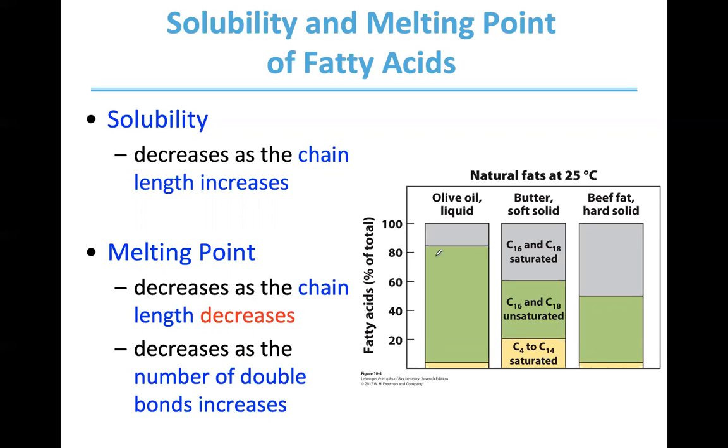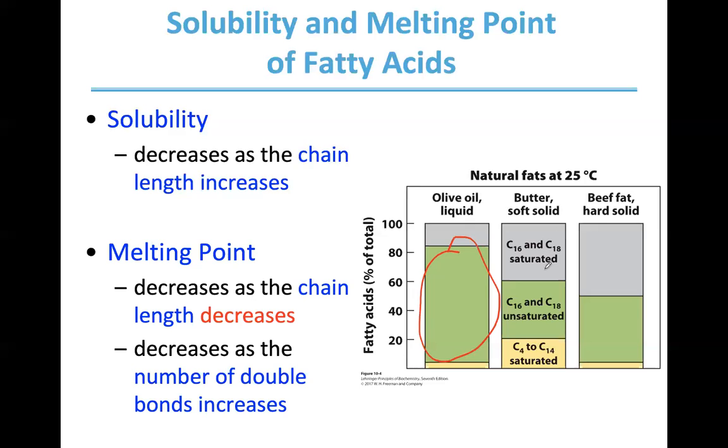Depending on the composition of the fatty acids, they can have different physical states. For example, olive oil is primarily long chain unsaturated fatty acids, and that's why it's so good for us. And it's liquid. Butter, for example, is soft.